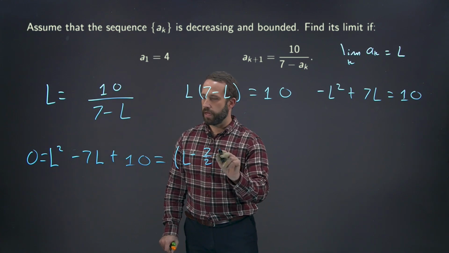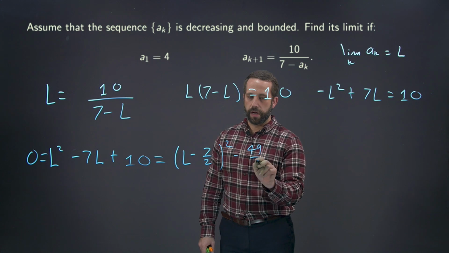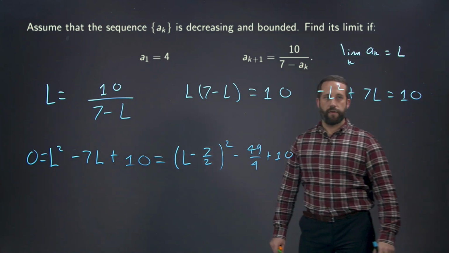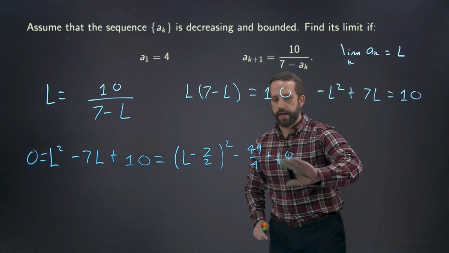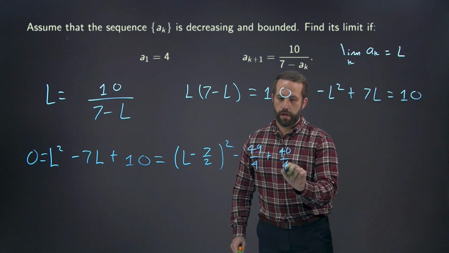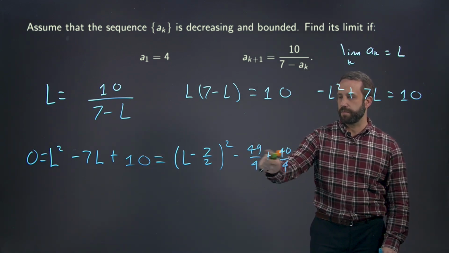Okay, so now I'm going to do minus 49 over 4 plus 10. Well, if I want to get a common denominator, 10 is equal to 40 over 4. So I've got minus 49 plus 40, that's minus 9.